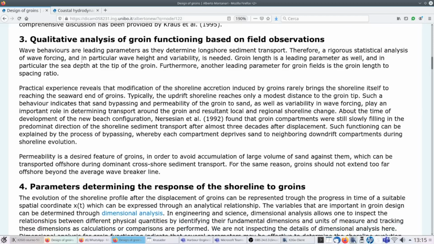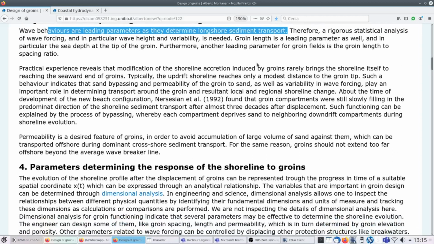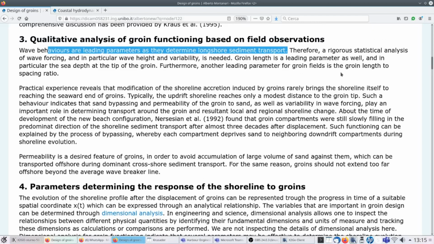First of all, we have parameters related to wave behaviors, which determine the along-shore sediment transport. Of course, we need to gain quantitative knowledge of it, and therefore before turning to groin design, we need to assume that we have quantified the wave forcing and the main behavior of along-shore sediment transport.